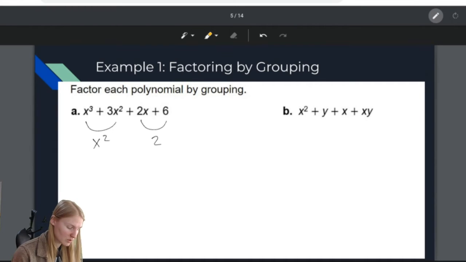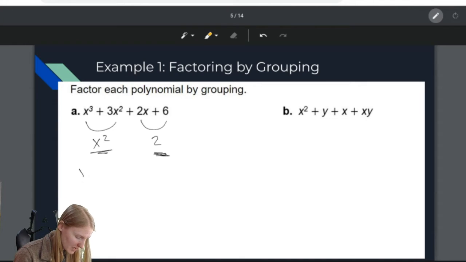And now what we're going to do is we're going to take this GCF, the greatest common factor, and we're going to pull it out. So, if I pull an x squared out of these two, I'm going to get x plus 3. Because I took the x squared away, and I took 2 of those x's away.